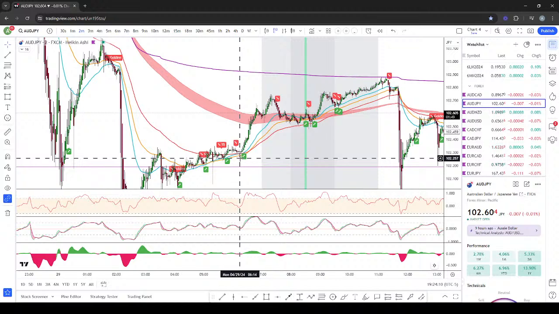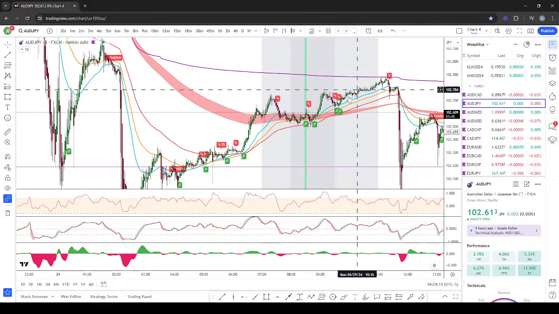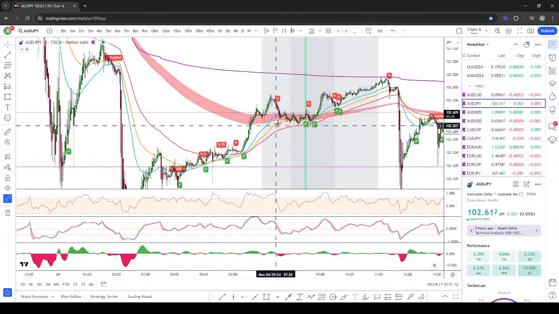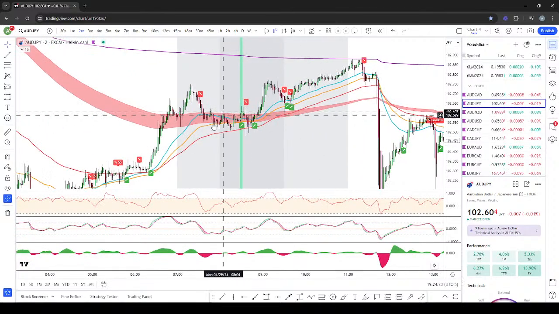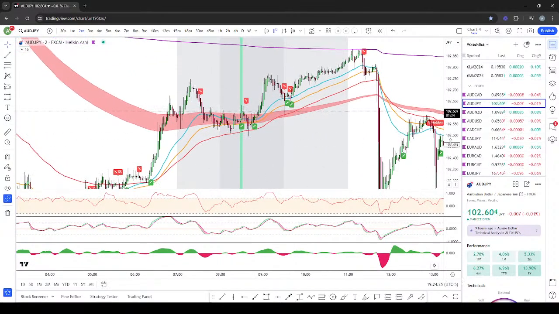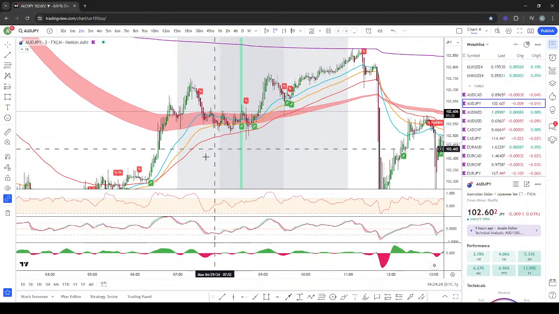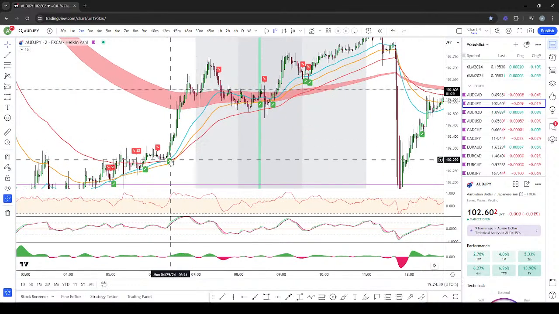The EMAs are transitioning to the bull market right here for the morning, and price here is making a push to the upside.